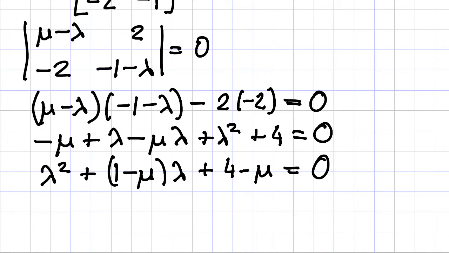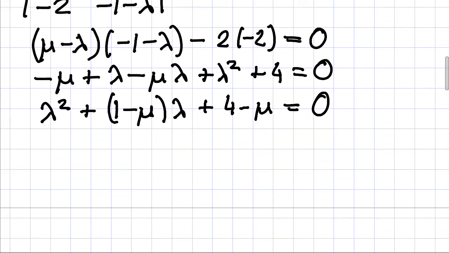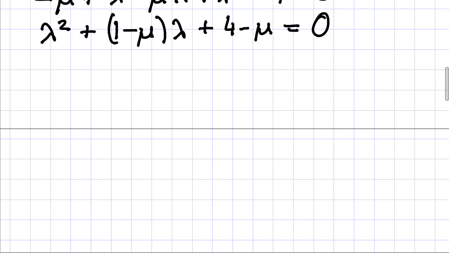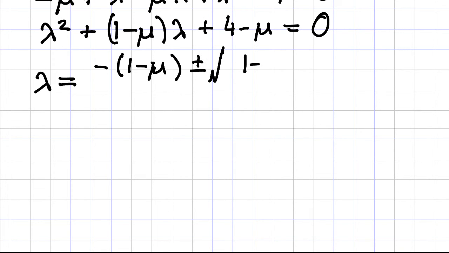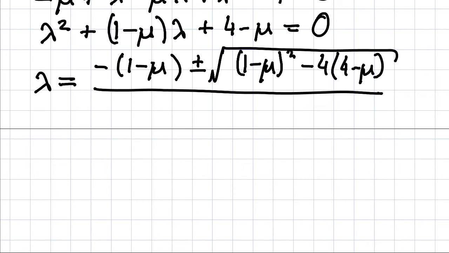And we can hit this with the quadratic formula to find λ, that's −b, that's −(1 − μ), plus or minus the square root of b², (1 − μ)², minus 4ac, that's minus 4 times (4 − μ), all over 2a, that's just a half.